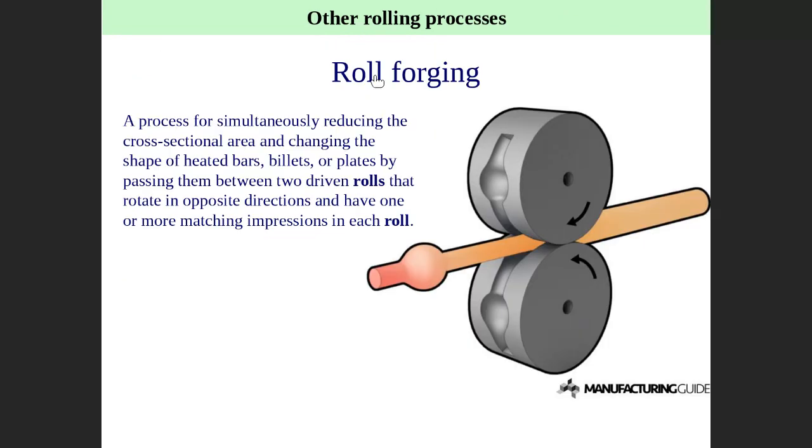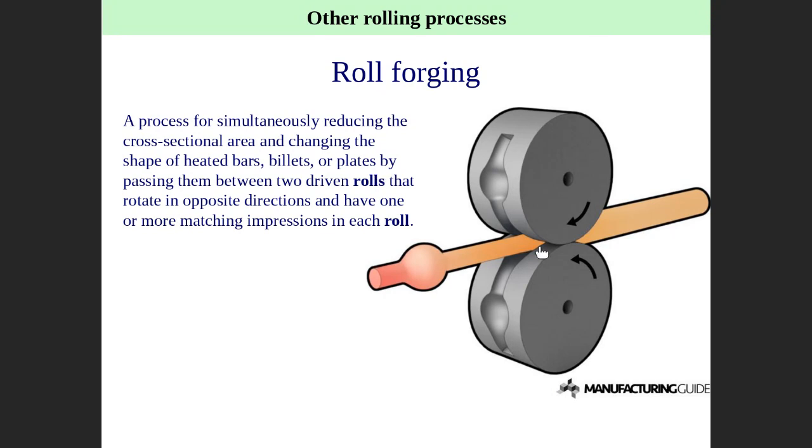Next is the roll forging operation. Whenever you hear roll forging, what can you understand? You can understand it is rolling and forging together. It is a mix between the rolling process and the forging process.